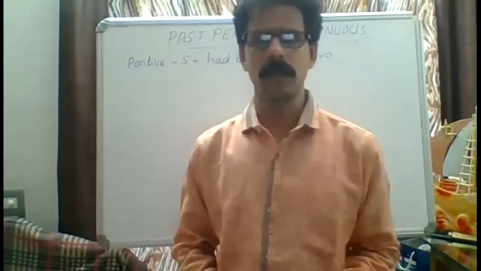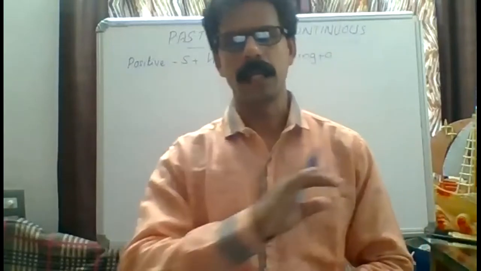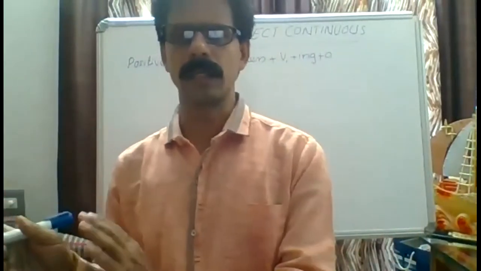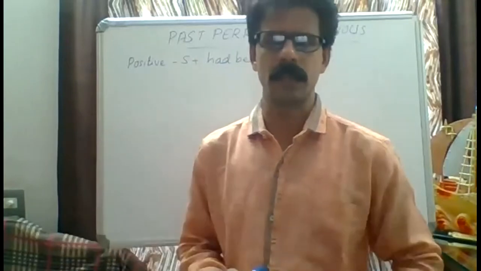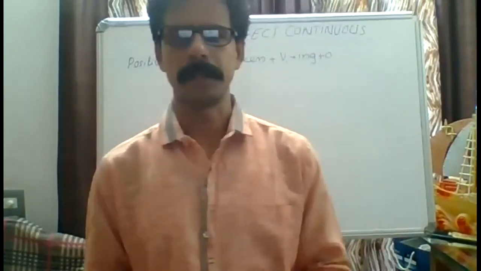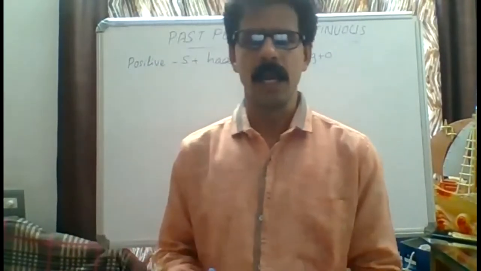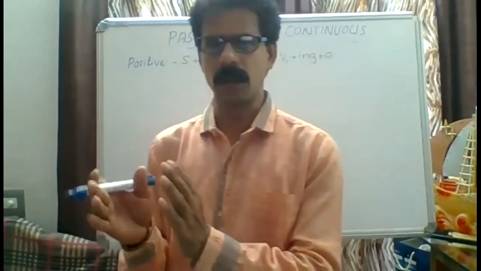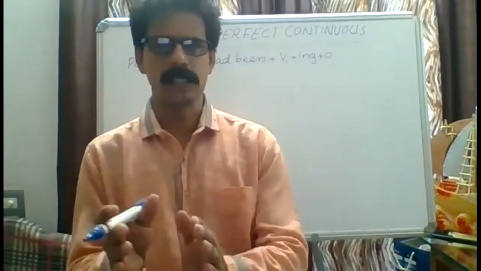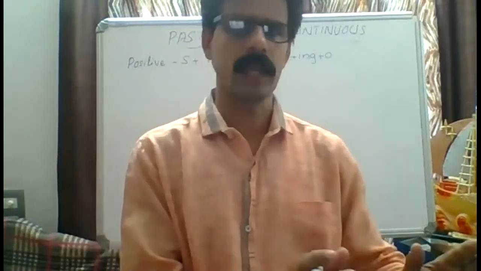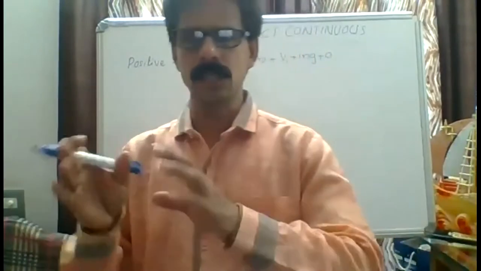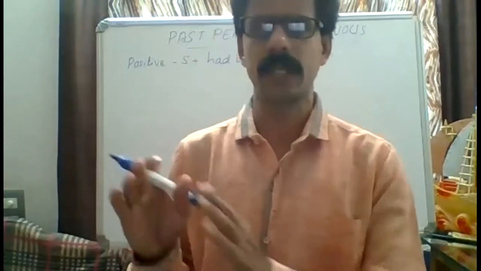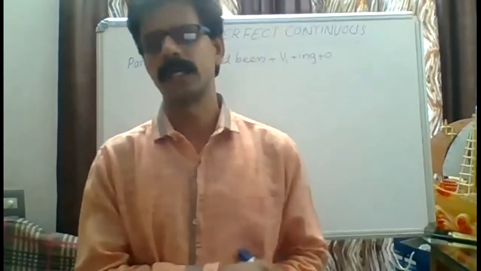For example, my uncle had been working in this office for 10 years till he retired. Until he retired, he had been working for 10 years. I want to express those 10 years of his work with the help of past perfect continuous.